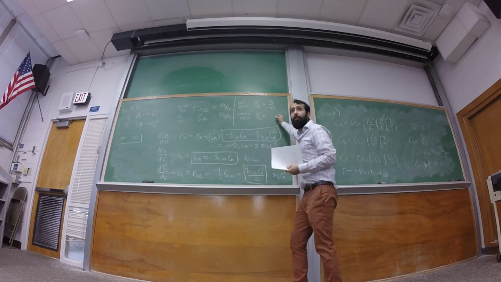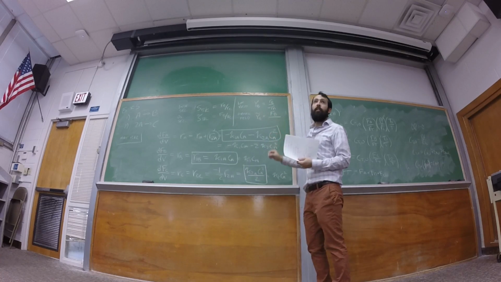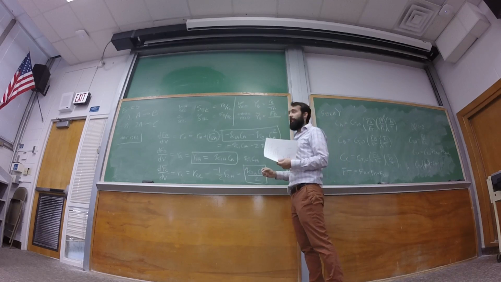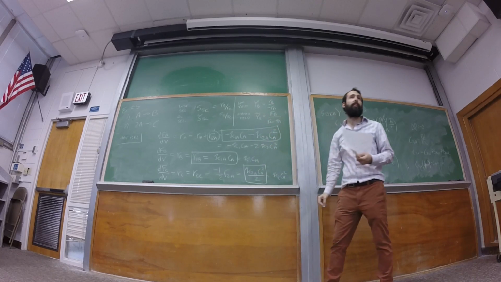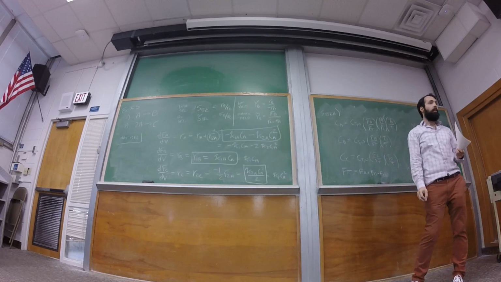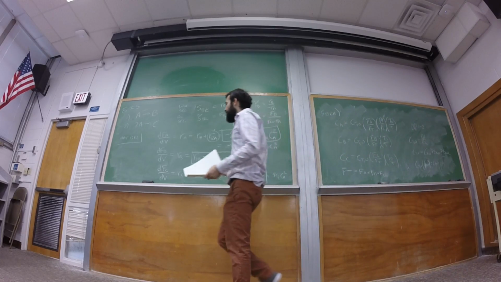What's that going to be equal to? FB over FA naught minus FA. And what is that denominator? It's the amount of A consumed. That's how you can think about it.